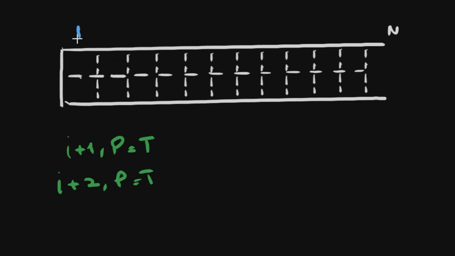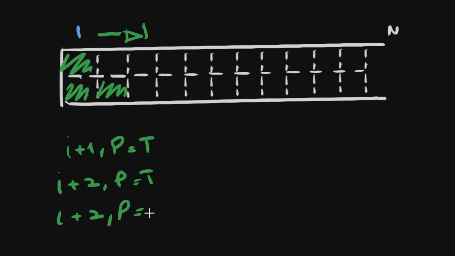Now what else can we use to fill this first column? Well, we could use a tromino like this, and in this case we would need to update I 2 spaces up to here, and we will have a space in the previous column, so previous will be false because of this space.